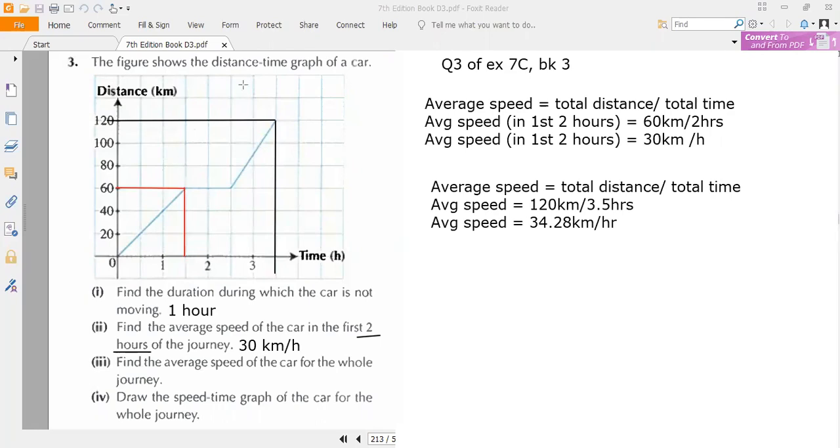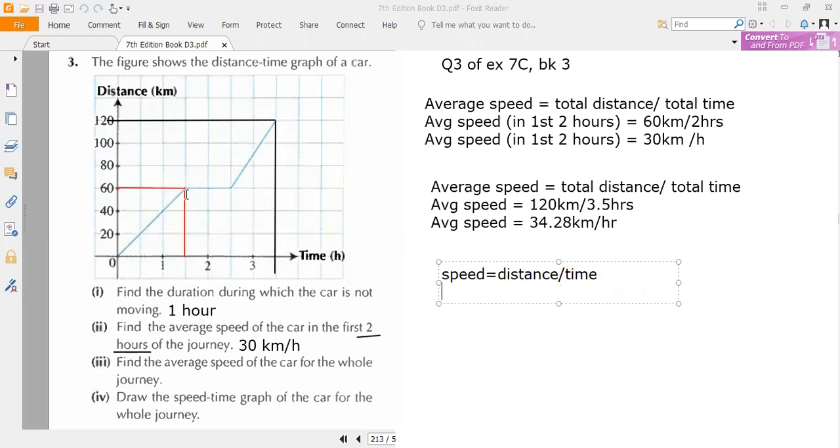We know that speed equals distance upon time. How much distance is covered over here?